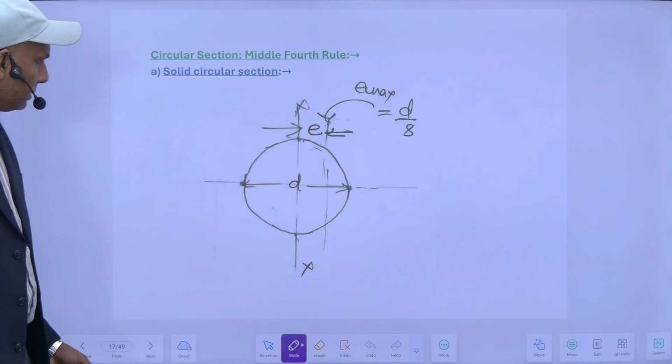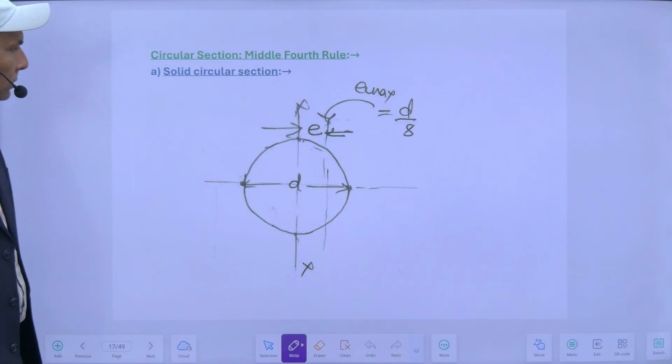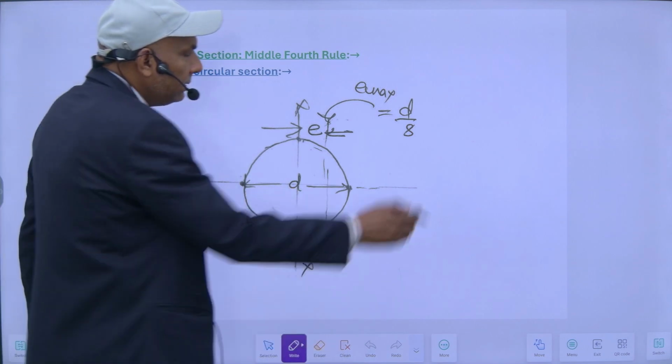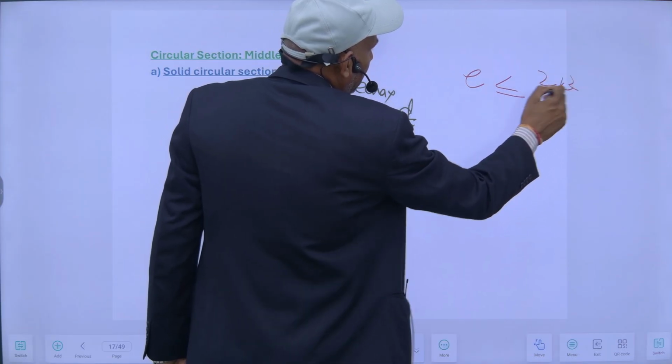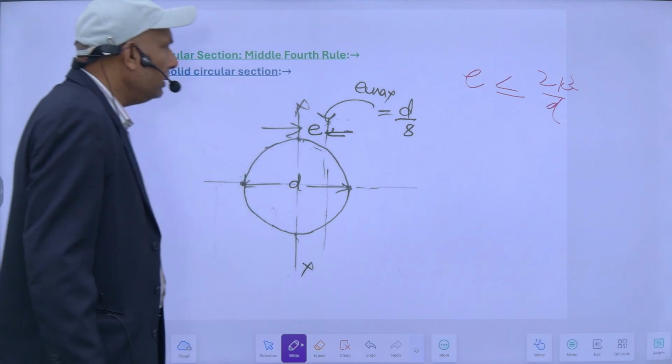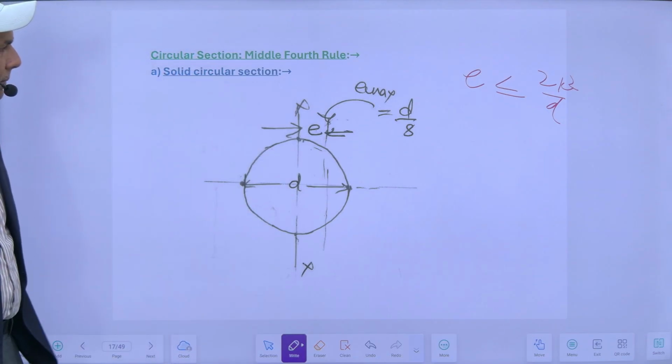In case of circular section, my condition is that E is less than or equal to 2K square upon D. So this is my formula for no tension to develop here.